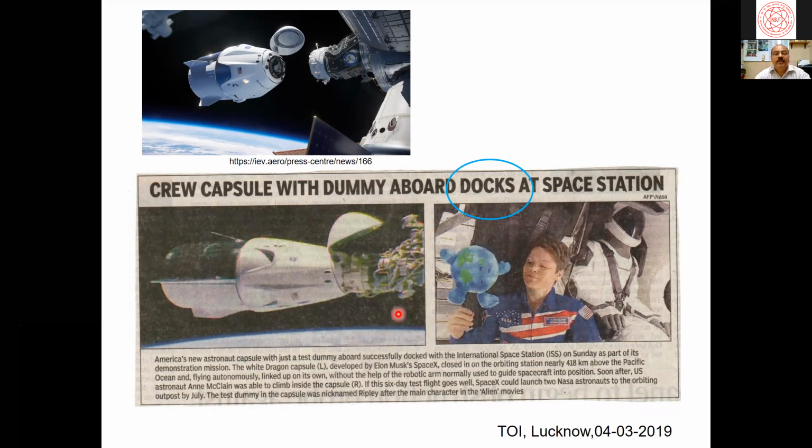Not long back, one of the headlines that drew attention was: crew capsule with dummy aboard docks at the space station. In this case, Elon Musk's SpaceX launched a White Dragon capsule developed by them. It goes up into space, and it flies autonomously.